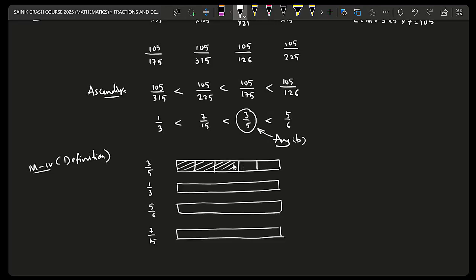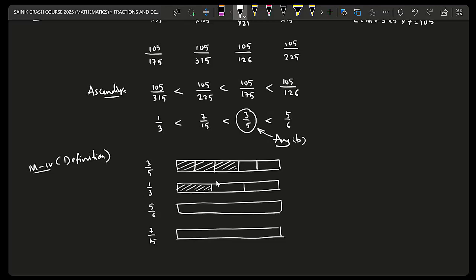Now 1 by 3, how many equal parts do I have to divide? Sir, 3 equal parts. Yes, sir. So let us do it approximately. Then I have to shade one part. Yes, 1 by 3.